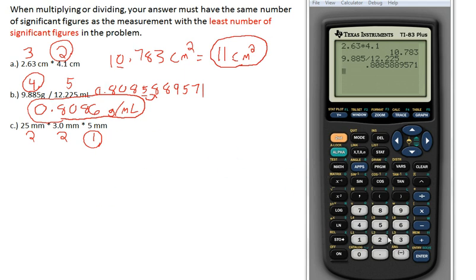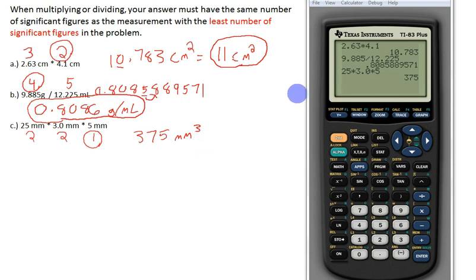So we have to multiply 25 times 3.0 times 5, and we are given an answer of 375 cubic centimeters, or millimeters, sorry.